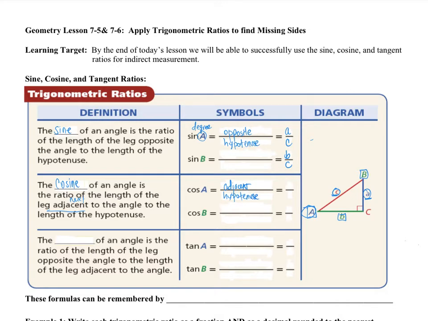So adjacent would mean this length B over hypotenuse C. And then for cosine B, we'll take A and put that over hypotenuse C.